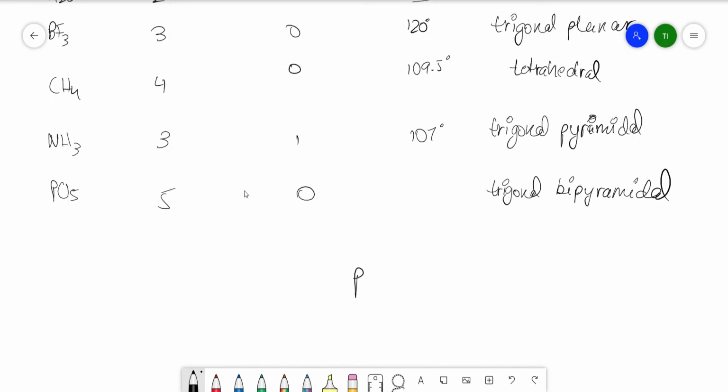It's something like this. So there's P, and it forms a trigonal planar first. There's a trigonal planar, and there's a Cl going below the P, and one going above P. And so the bond angle between the Cls in the trigonal planar is 120 degrees.